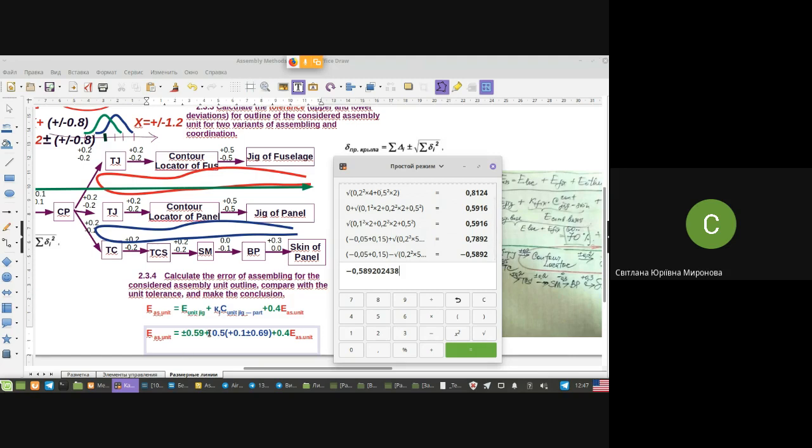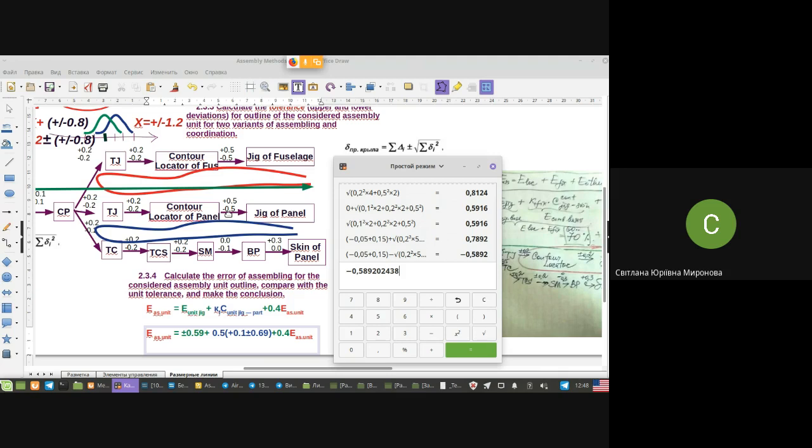Because I think that I have 4 clamps. If I have 4 clamps, I open the book and I say 4 clamps. It means that the error of coordination will be twice less. The coefficient of fixation is 0.5. The more clamps, the smaller this coefficient of fixation. It means that you will have a more accurate result, and a smaller amount of error of coordination is included in the general error of assembly.